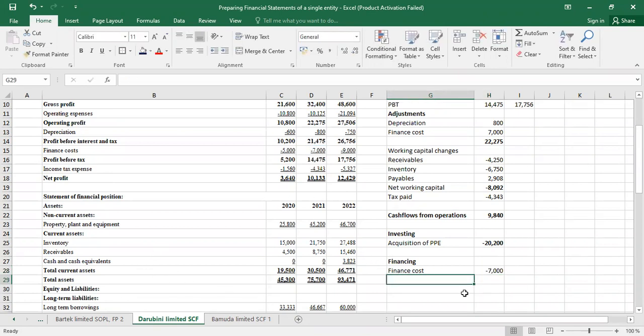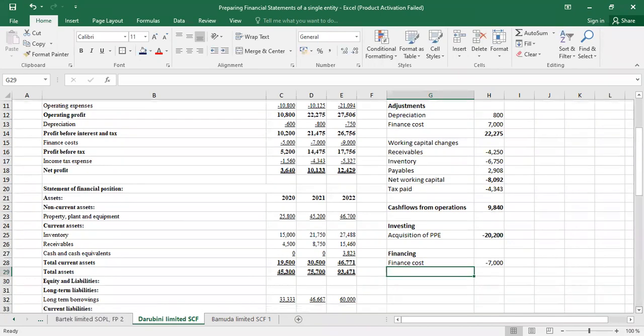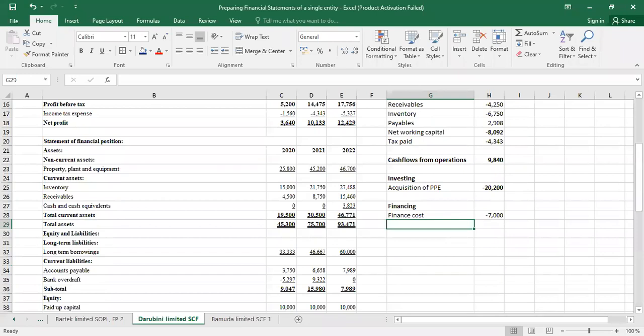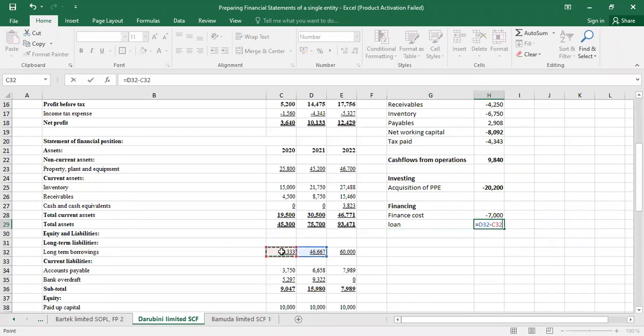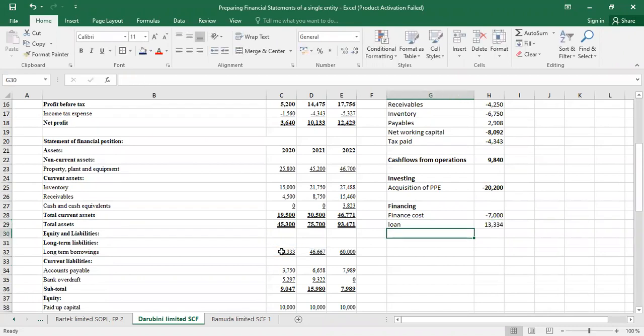Then you go to equity and liabilities for financing because most of them are there. We have loan. So loan equal sign. Loan is a liability, so this one is current value minus previous value.